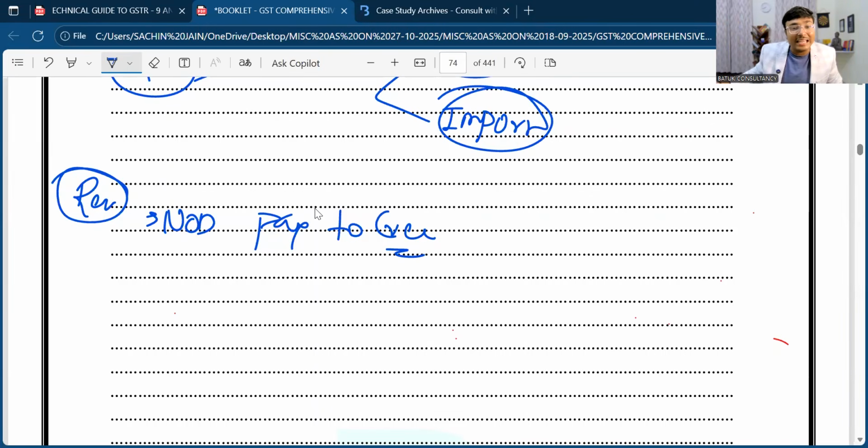So that is called as ISD, input service distributor ITC, and that should be shown in GSTR-9 return. We can say conclusively, any type of input tax credit which you have claimed during the financial year, you have to report it in your GSTR-9 and provide the reconciliation with your books of accounts.